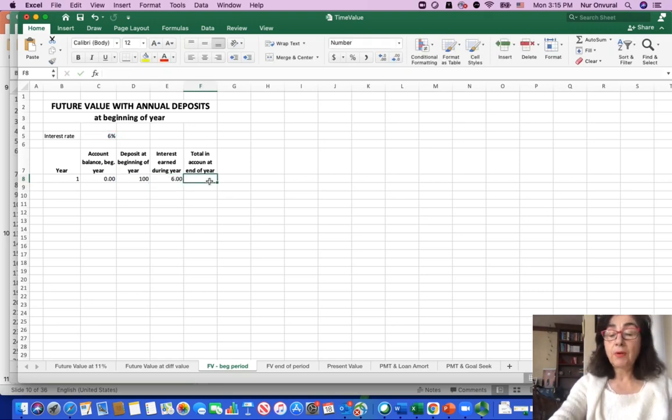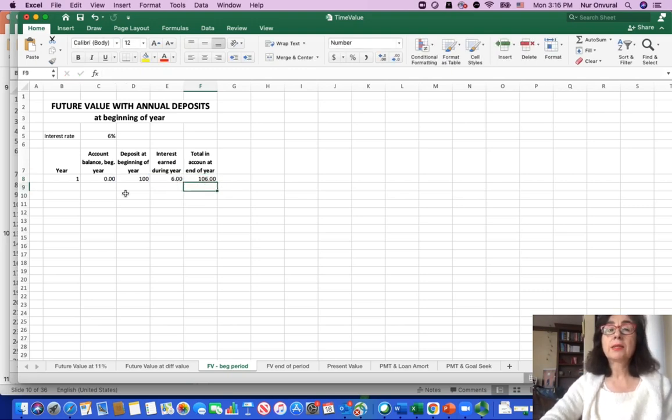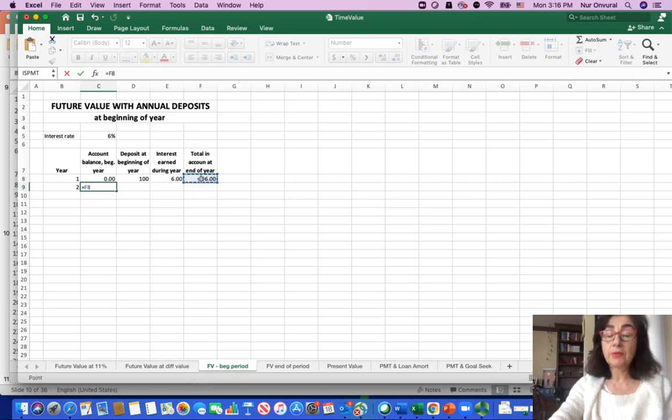And then the total will be equal to deposit at the beginning of year plus the interest earned. That's going to give us that $106.